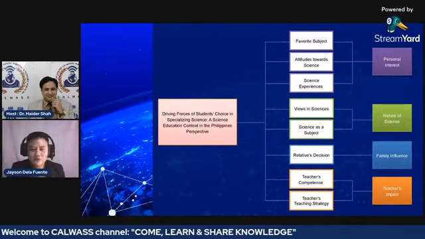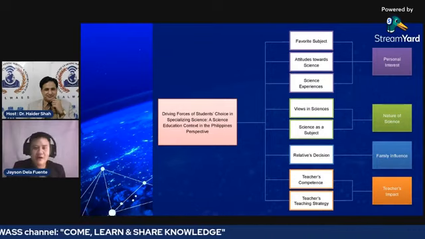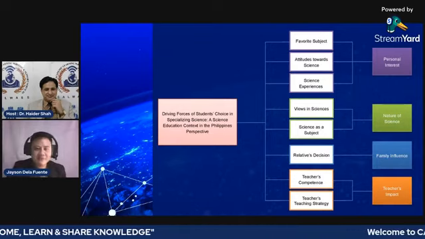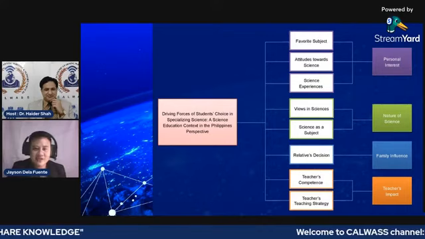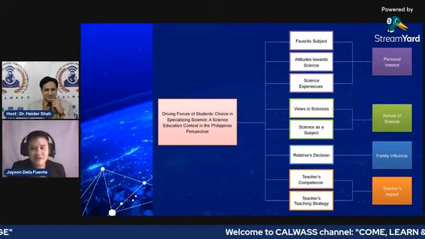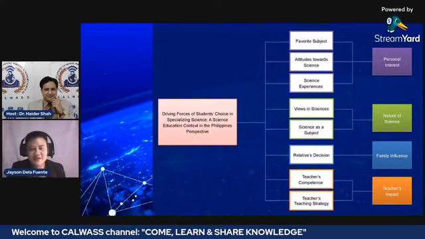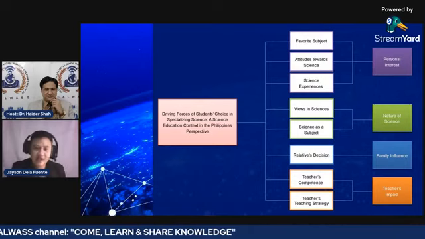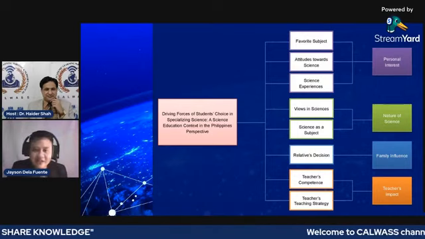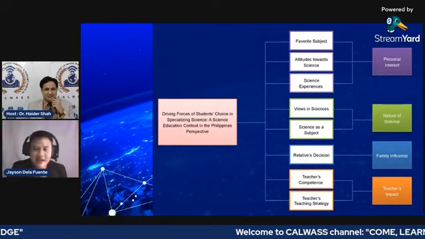What are those? As expressed by my participants, why they choose science? Because first, it is their favorite subject. Their attitudes towards science, that they really love science. Their science experiences, that they do experiments, etc. And then this cluster was analyzed to form a theme.